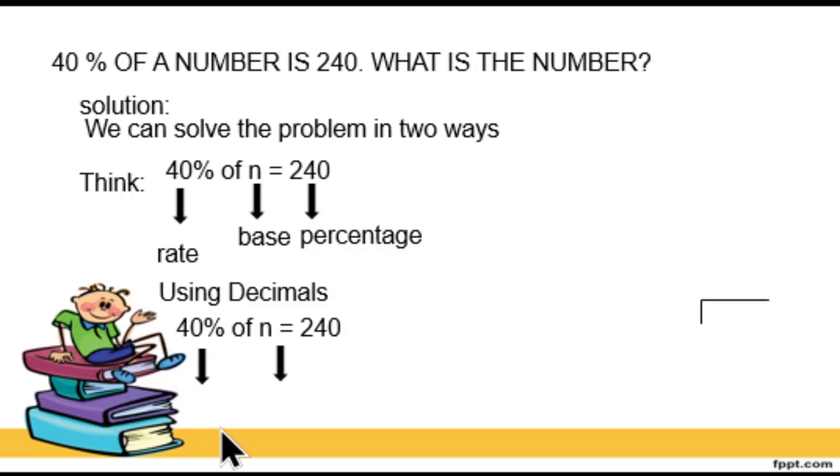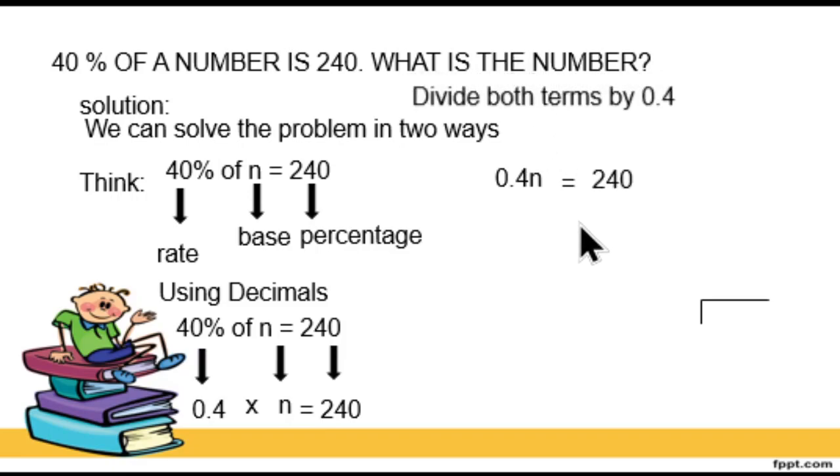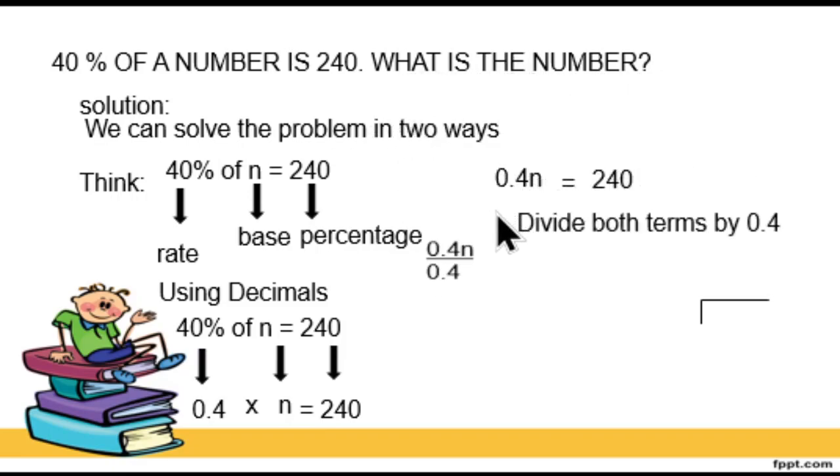That is equal to 40%, or 0.4 in decimal, times n equals 240, and that will become 0.4 times n is 0.4n equals 240. Divide both terms by 0.4 and then cancel 4 and 4.